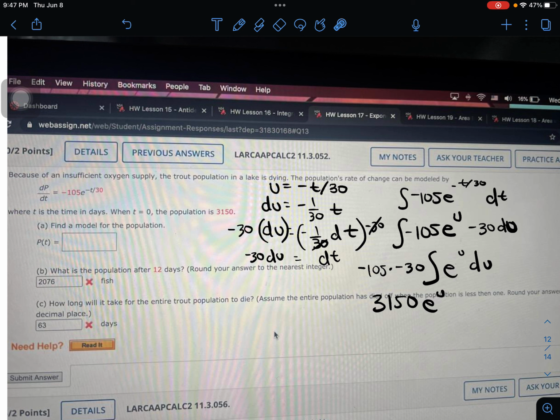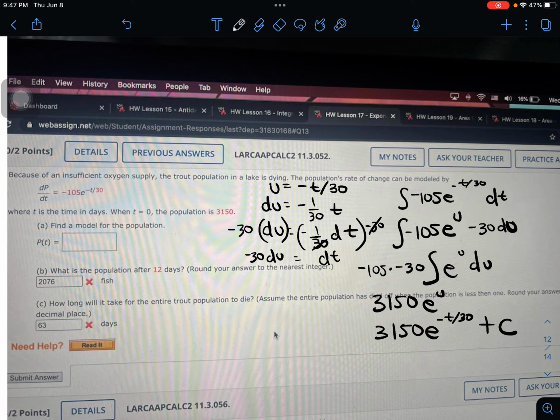I just need to plug back in my u, which was negative t over 30. So the final integral is 3150 e to the negative t divided by 30 plus c. Don't forget that plus c. These are indefinite integrals, so you always have to have that plus c at the end.